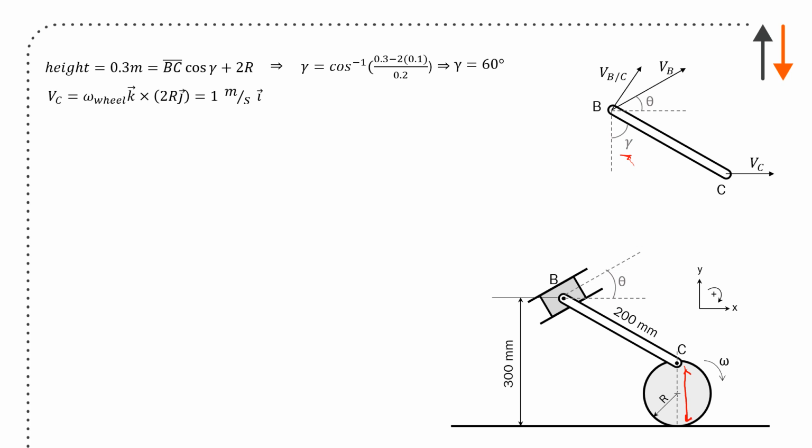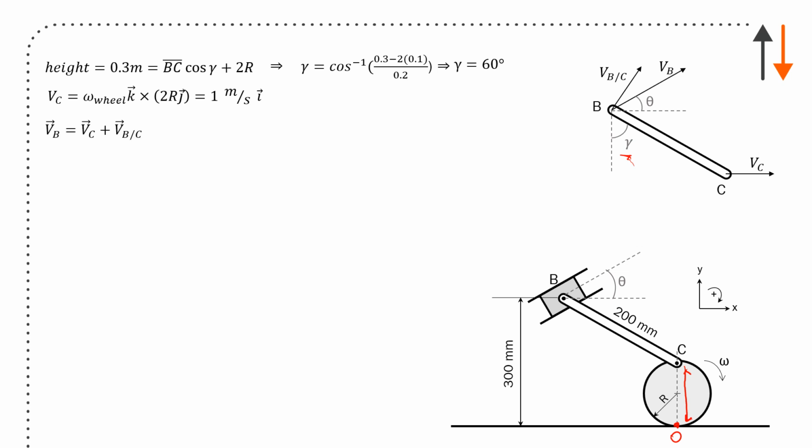From this, I can say velocity of C, which I already know is the omega of the wheel, which is given, times 2r, which is the diameter. So from the point of contact down here, which I could call O, it's going to be 1 meter per second. So I have 5 rad/s in the clockwise direction, so it's a negative value, cross with 2r, which is positive.